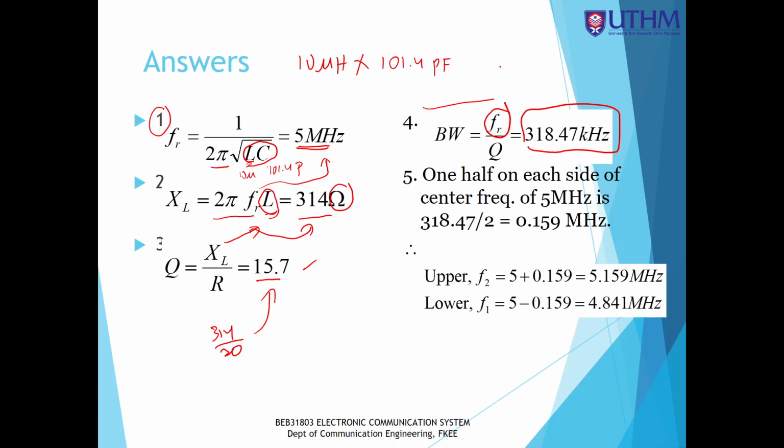Okay, that means if you draw the spectrum again, okay, so this is the bandwidth, which is equal to 318.47 kilohertz. Okay, and then what?